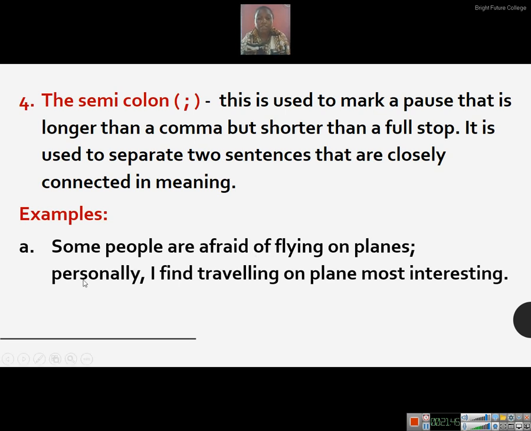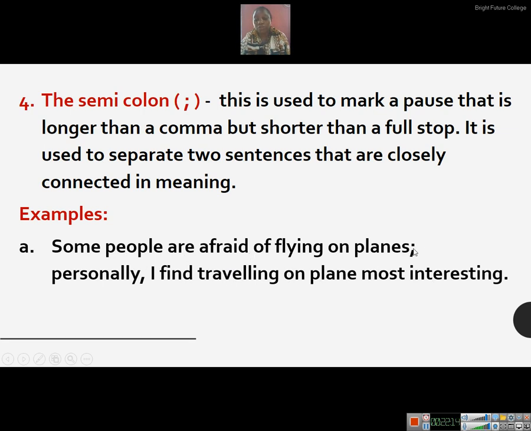Now, these two statements are closely related because they are both talking about traveling by air, that is flying on a plane. The first one says, some people are afraid of flying on planes, and then I have a semicolon here.